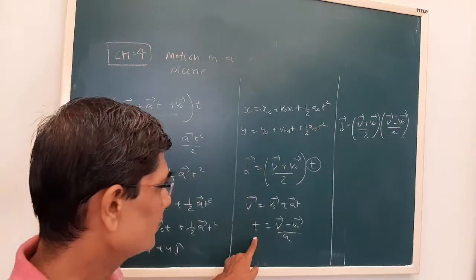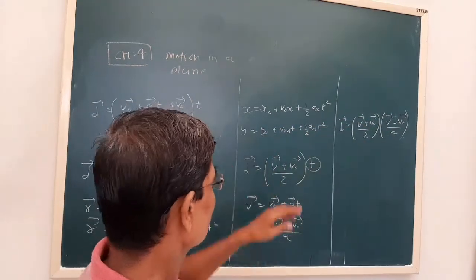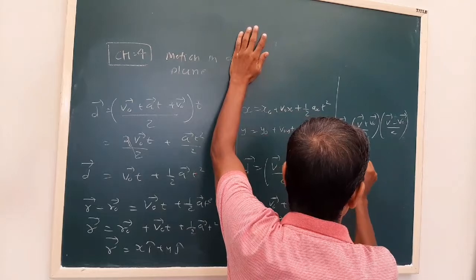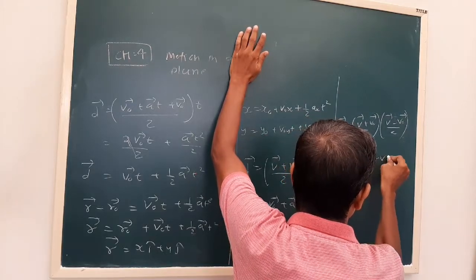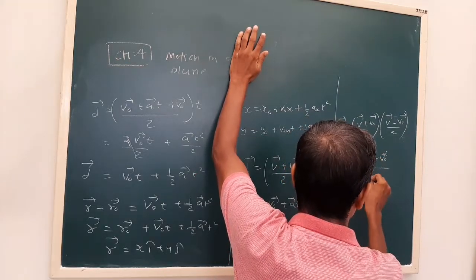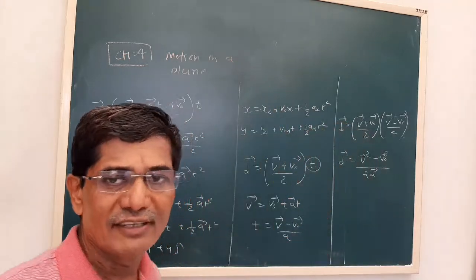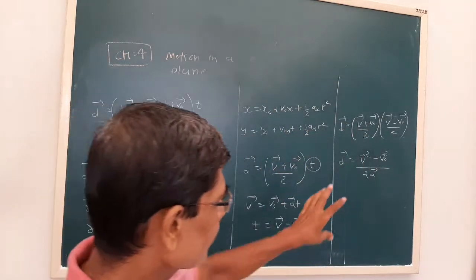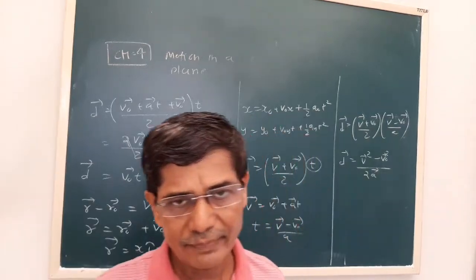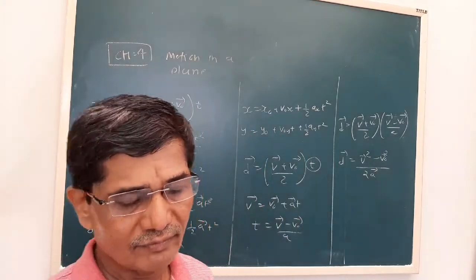Now this value I have substituted here. So the equation will become d will be v square minus v0 square upon 2a. We derived a similar equation, but that was in one dimension and in scalar form.